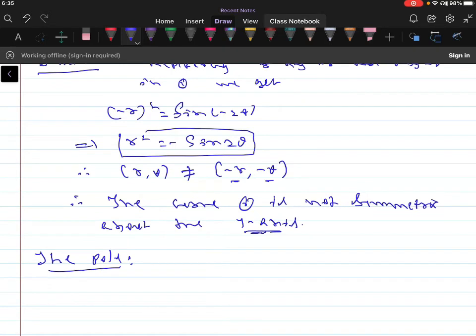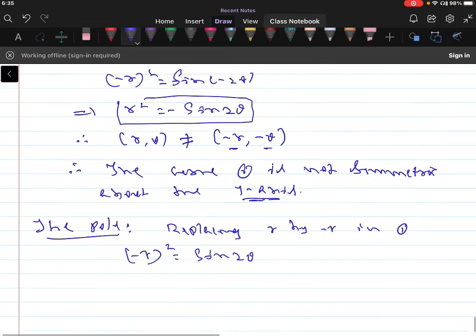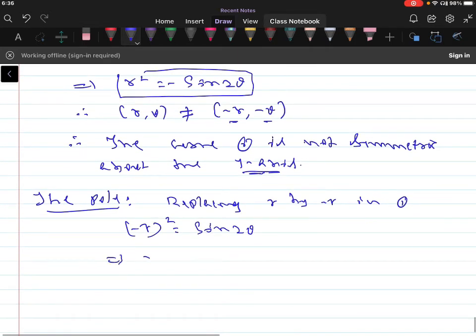To verify whether the given curve is symmetric about the pole or not, by replacing r by minus r in equation 1, we get minus r whole square is equal to sine 2 theta. So this implies r square is equal to sine 2 theta.